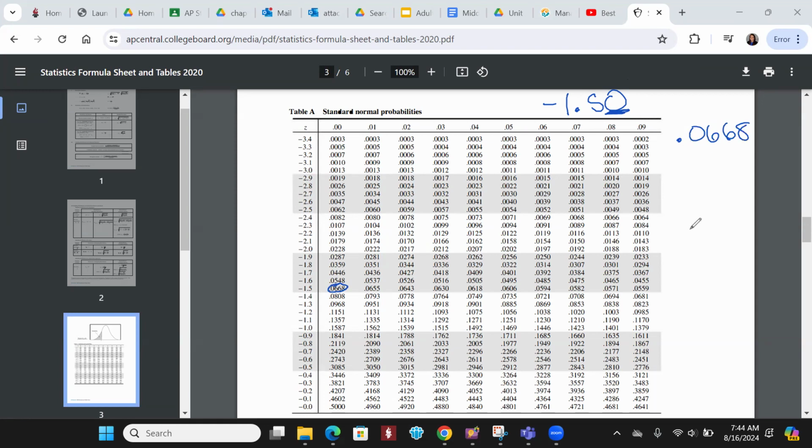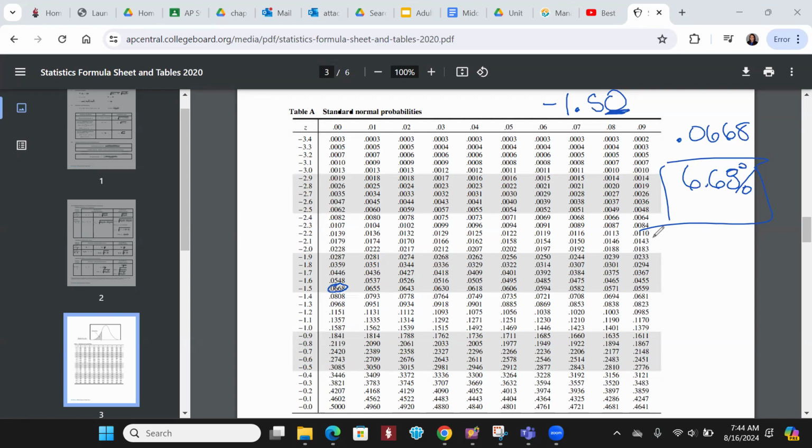We're going to change that to a percent. Ta-da! So if you can't find something using the normal curve, you use z-score and then you use the table to find your percent.